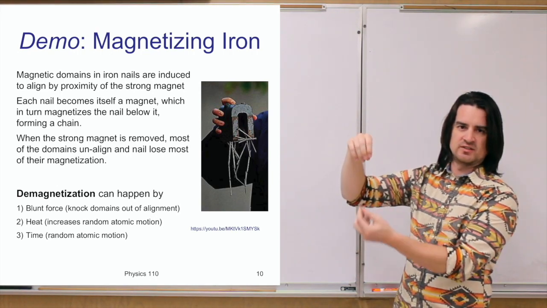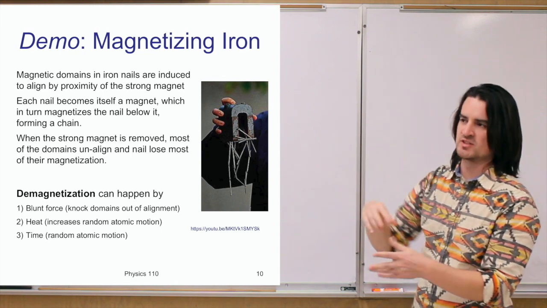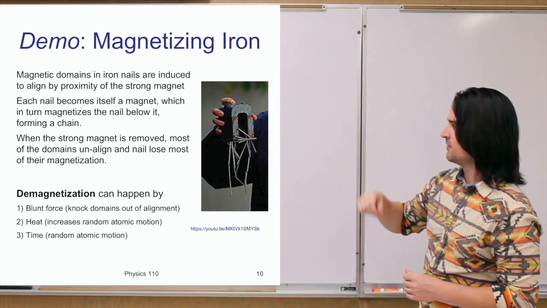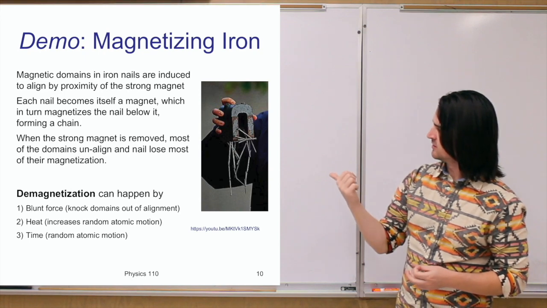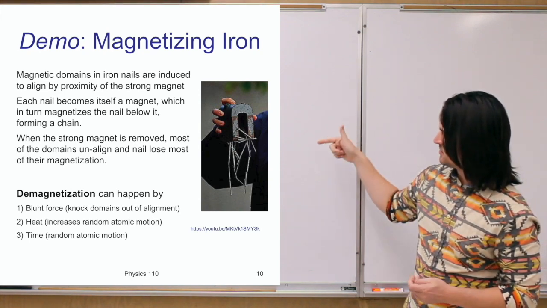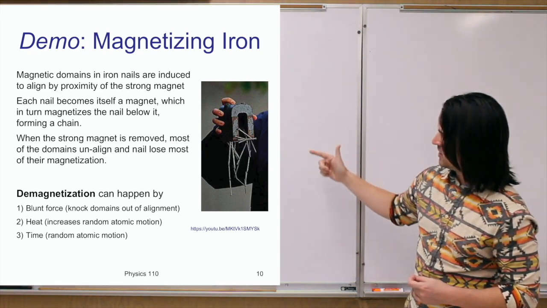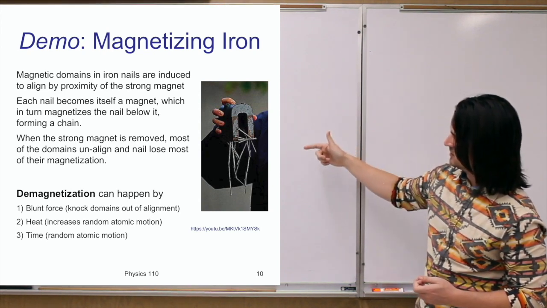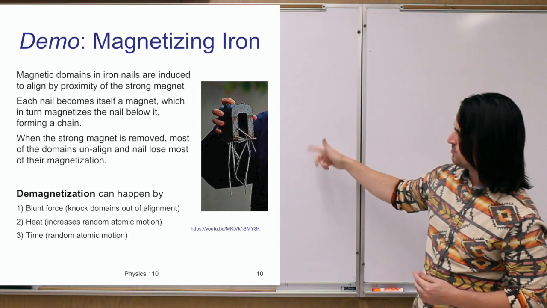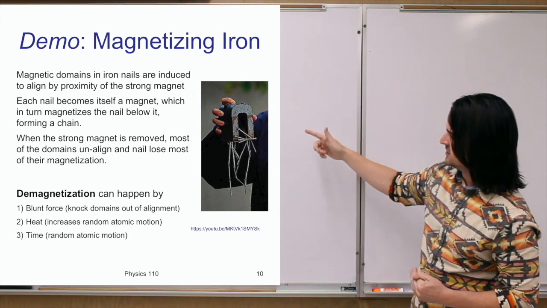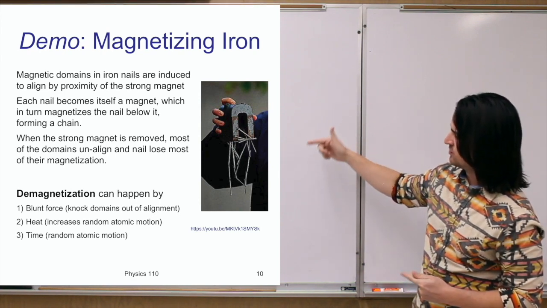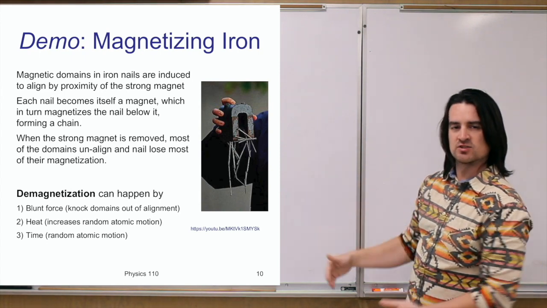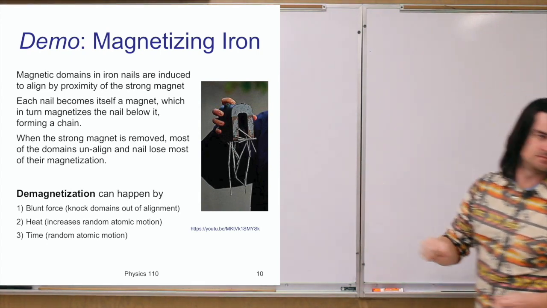Paperclips are nice because they're very light, and the magnetic force doesn't have to be that strong to pick them up. If you have a very strong magnet, you can do this with nails, and in this picture you essentially have this chain of nails where the magnet has magnetized the top one, and it's probably also playing a part to magnetize the other ones, but essentially there's a chain where each nail sort of magnetizes the next nail, and so they all become magnets and they stick together.